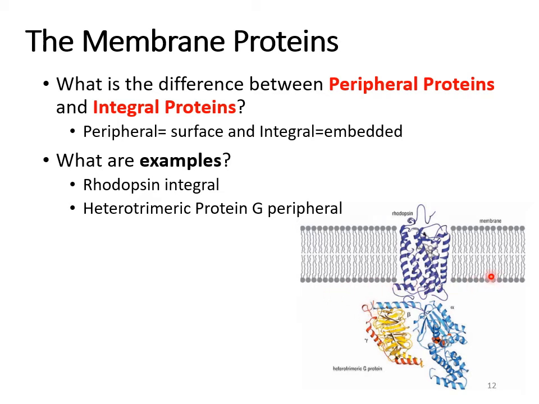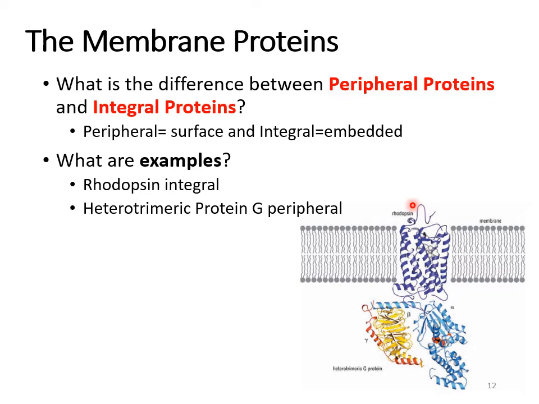Whereas rhodopsin is the example of an integral protein because integral proteins are embedded within the lipid bilayer. So you notice that the purple protein in this figure spans across the entire lipid bilayer because it is embedded in it, it is an integral protein.